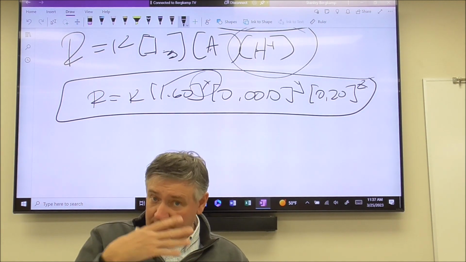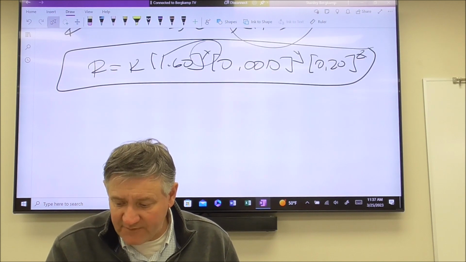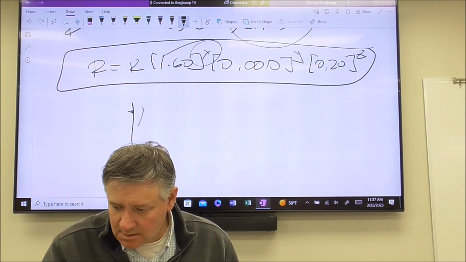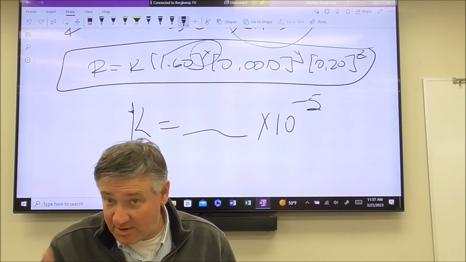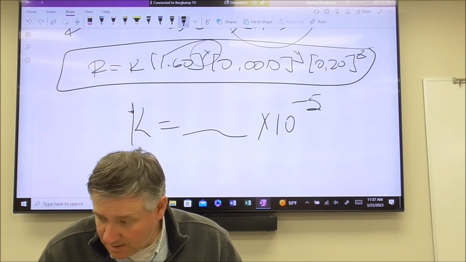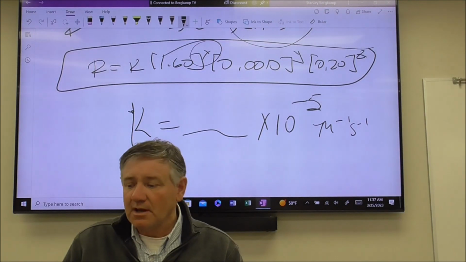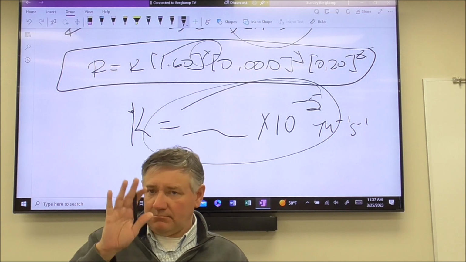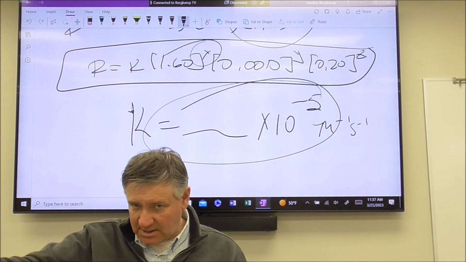When I did my data, based upon when I did this lab, my K value was 10 to the negative 5th, and not to be a hypocrite, my units are M to the negative 1, s to the negative 1. I don't want to bias you, but that's what I got based upon the data that I collected when I did this lab. That's going to be 10 to the negative 5th.